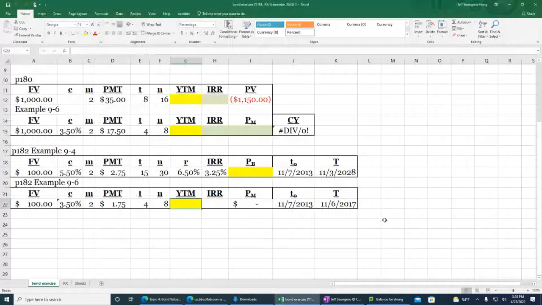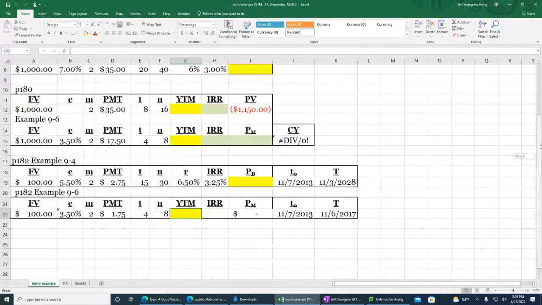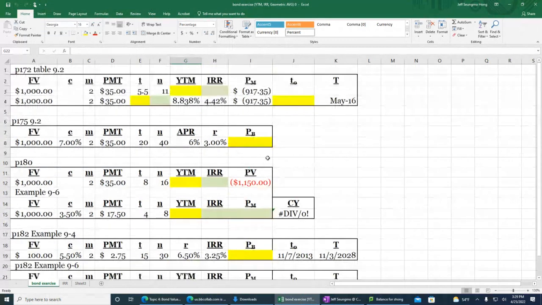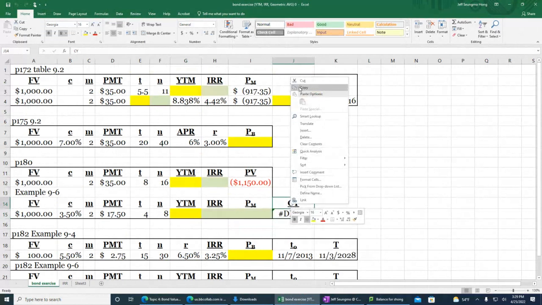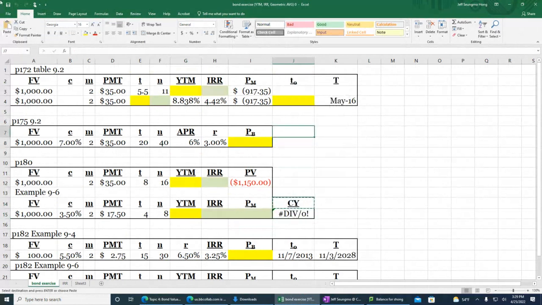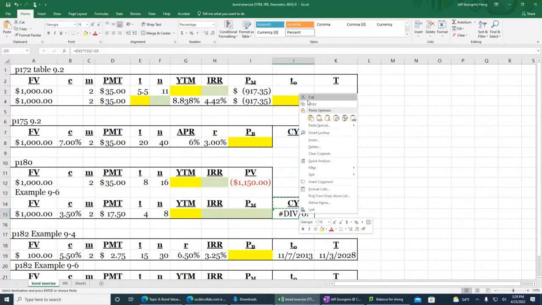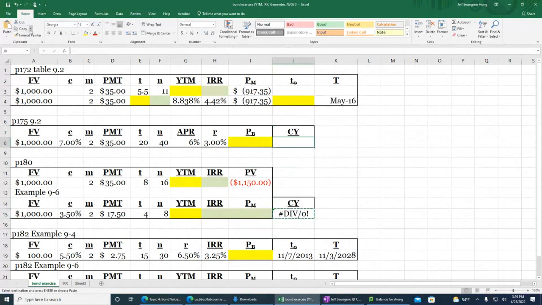So if you have opened it, I'm going to copy this and paste it here. I'm going to make a little change.